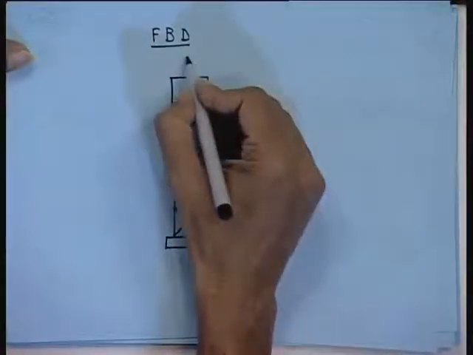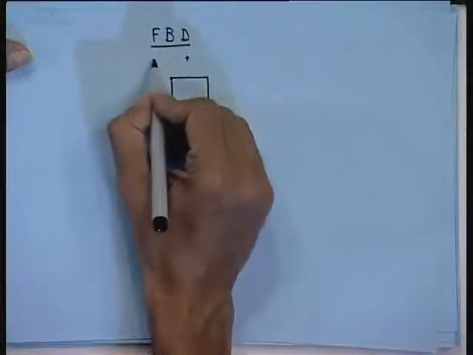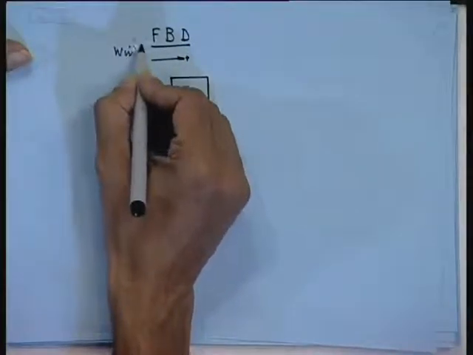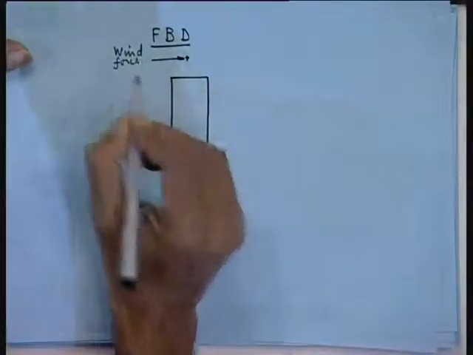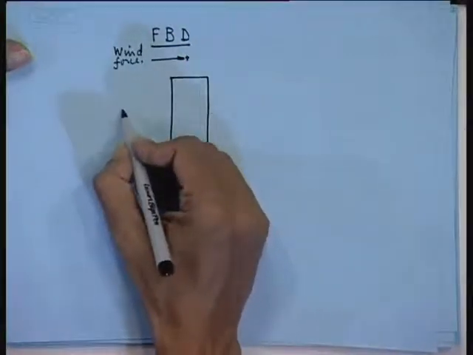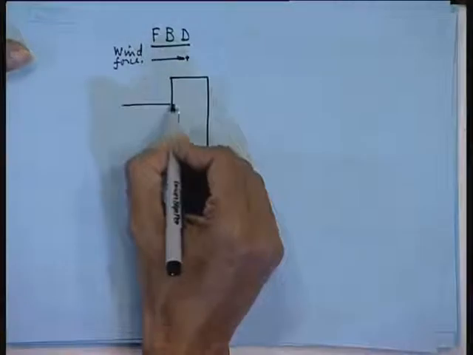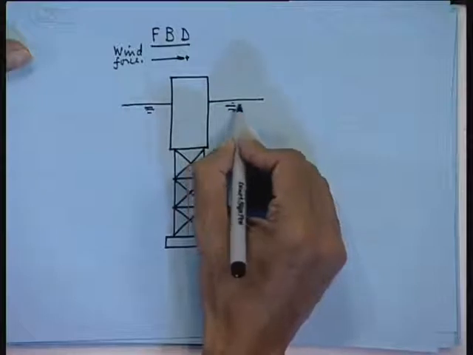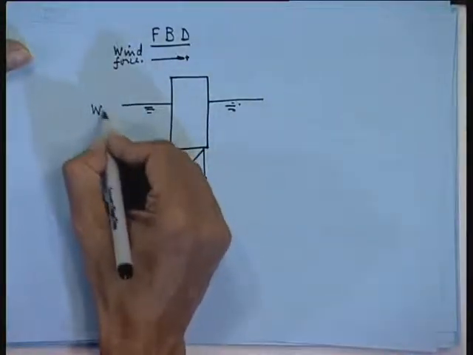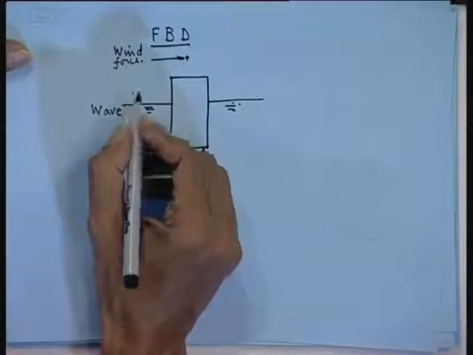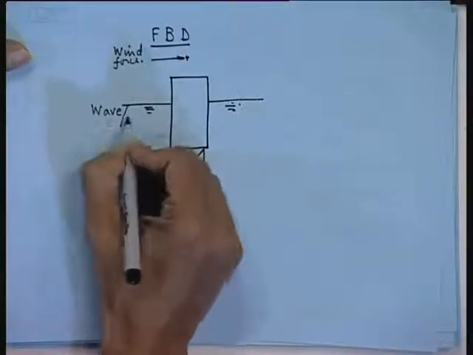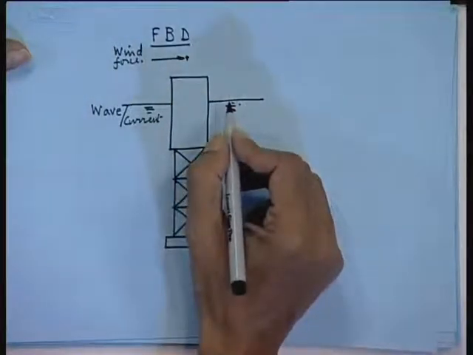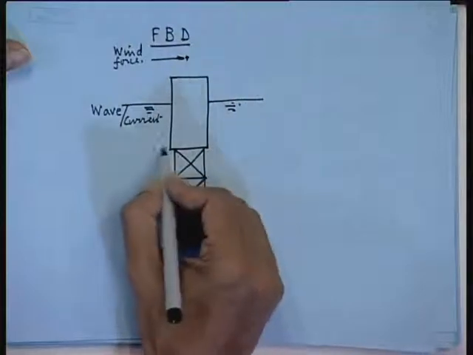Now, your wind force is going to act somewhere here. Now, waves and currents will be acting in this region on the hard tank. Current actually also, here he has written waves current, but current will act much more downwards also. Then mooring forces will come here.